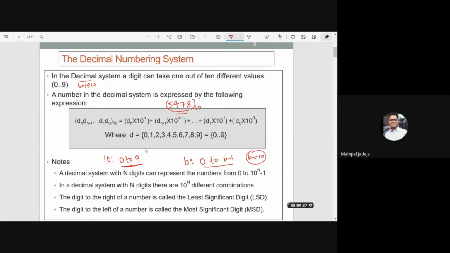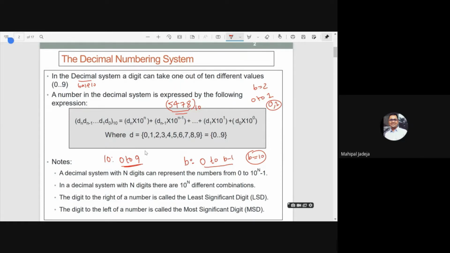Similarly, in future, whenever we talk about base 2, then 0 to b minus 1 is nothing but 0 to 1. That means only 0 and 1 are allowed whenever I talk about the base 2 system, or binary numbering system. Right? Okay.